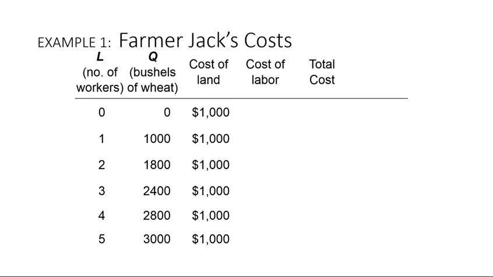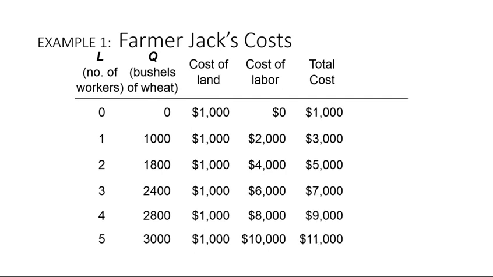He's paying workers $2,000 a month. So for every additional worker he hires, his cost of labor goes up. His variable cost of labor goes up by $2,000. And I'll talk about that term variable cost in just a moment. Note that if we were to add the third and fourth columns together, we can calculate his total cost of being able to produce a particular amount of bushels of wheat.